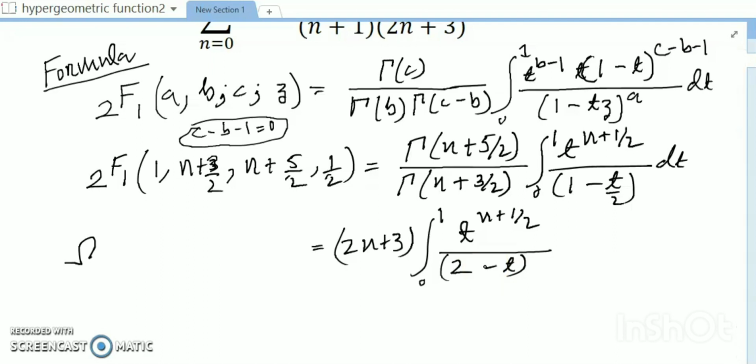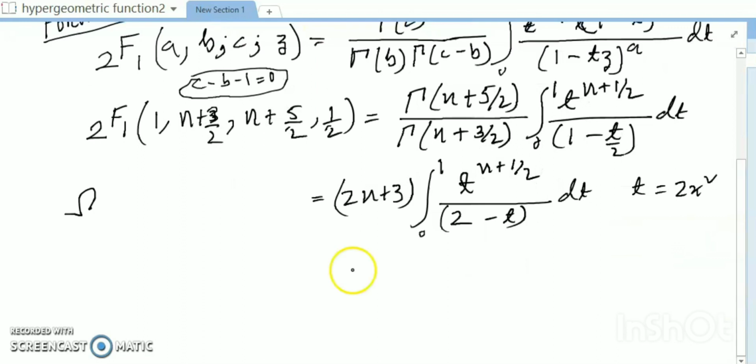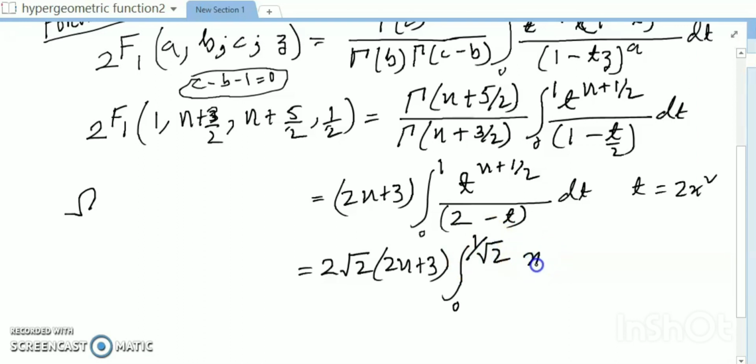Okay friends, I hope it is clear. Now t is equal to x square. So I can write 2 root 2, 2n plus 3, the integral from 0 to 1 by root 2 of x to the power 2n plus 2 divided by (2 minus x square), dx, into 2 to the power n.